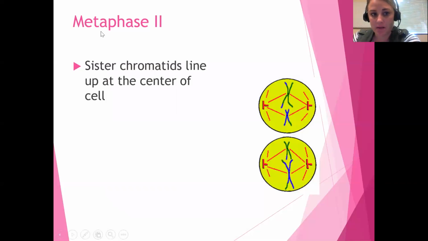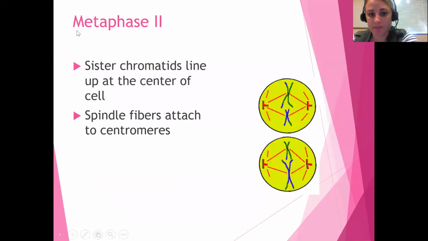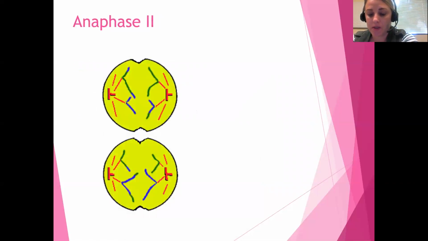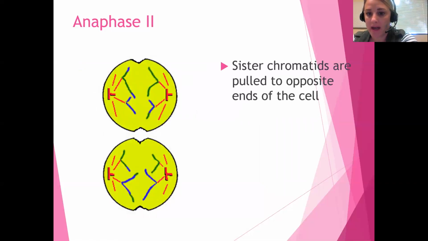So remember, metaphase means the middle. In anaphase 2, we're going to pull away to the opposite ends of the cell. So again, spindle fibers attached to the centromeres, spindle fibers attached to the centrioles on the side.